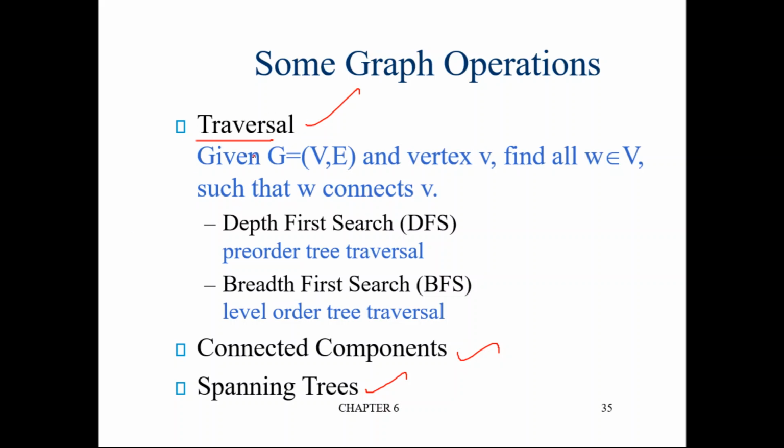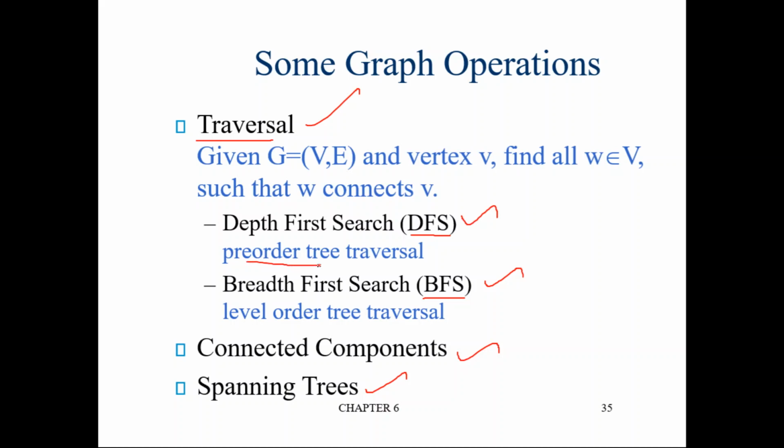So similarly, there are two commonly used graph traversal techniques. One is called depth first search, in short DFS, and the other one is called breadth first search, in short BFS. Depth first search is equivalent to a pre-order tree traversal.